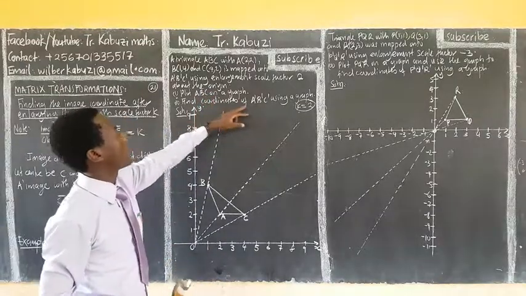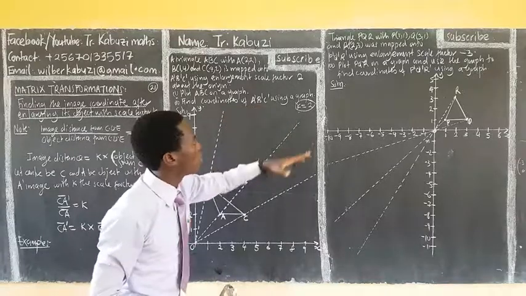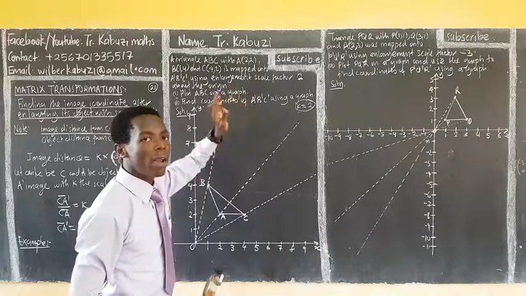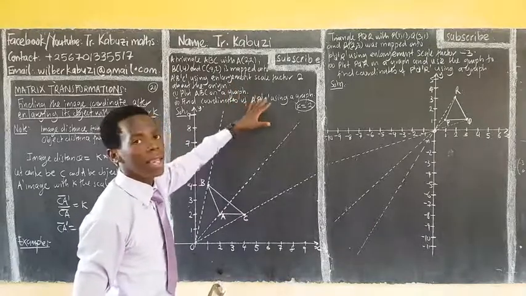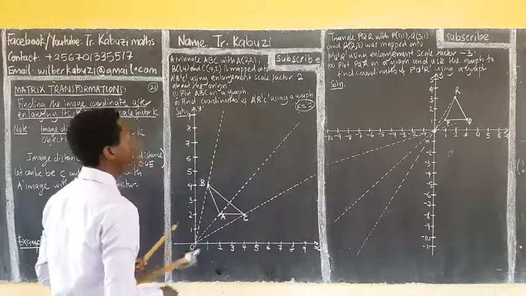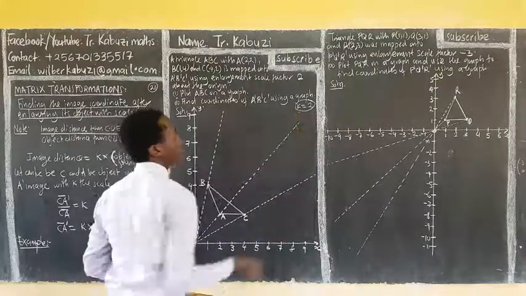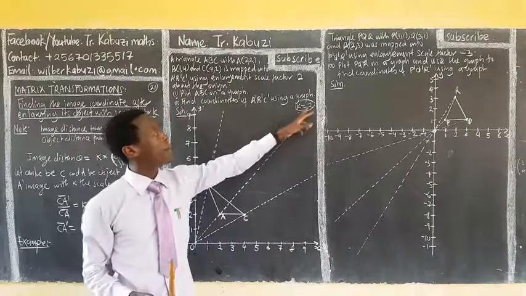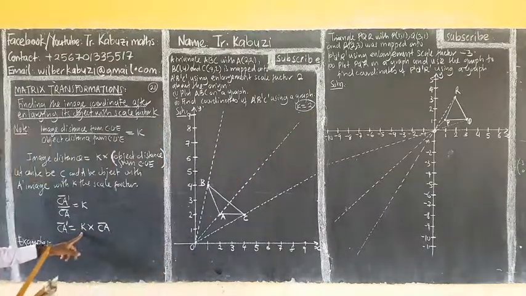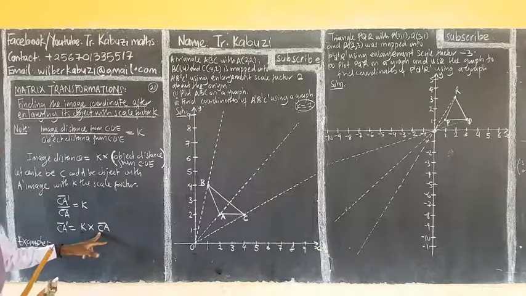Find the coordinates of A prime, B prime, C prime using a graph. Here, you don't do it algebraically, you do it graphically. The center is 0, 0. This means that the image distance is going to be 2 times the object distance.